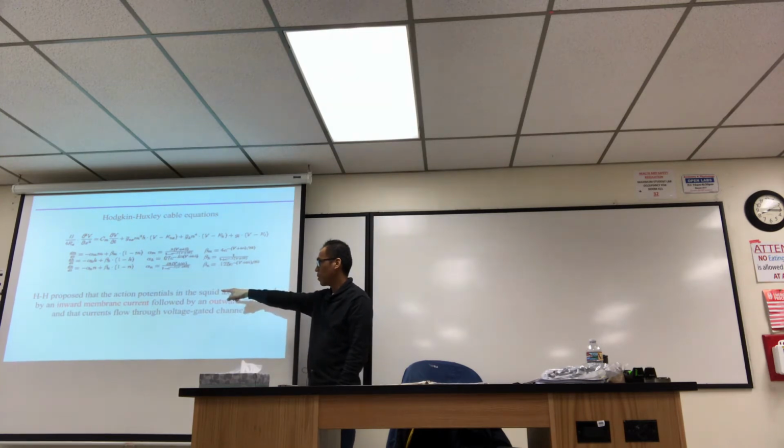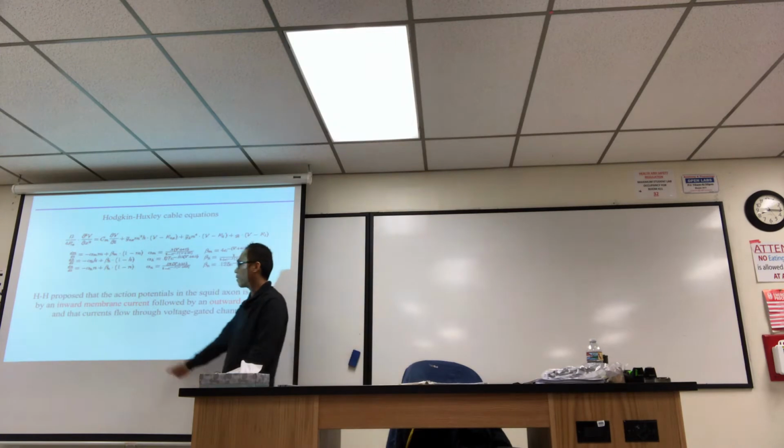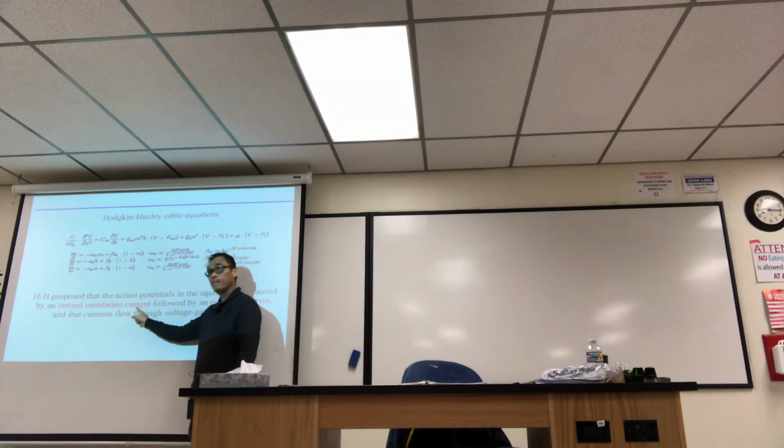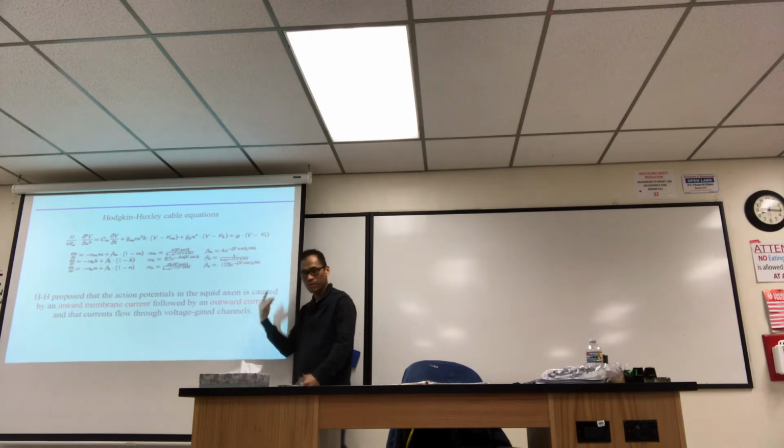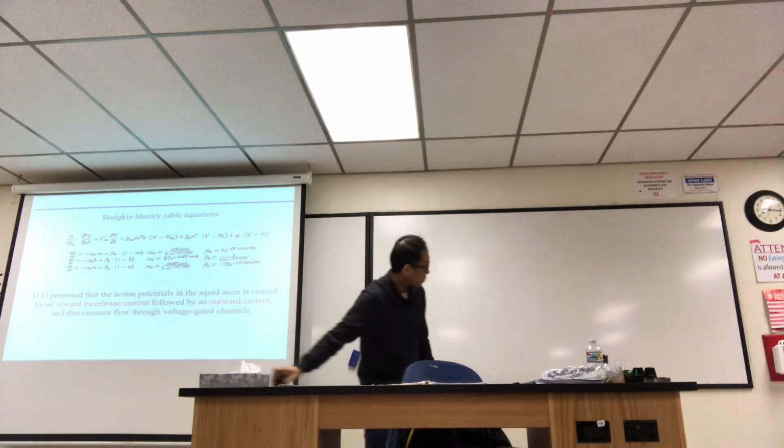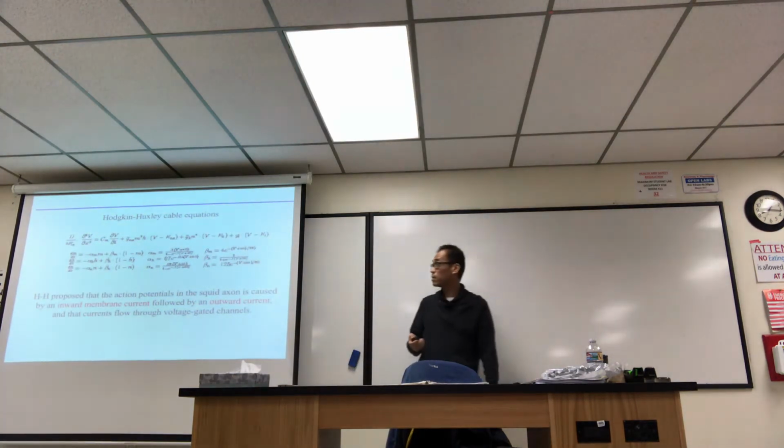HH proposed that action potentials in the squid axon are caused by an inward membrane current followed by an outward current, and that currents flow through voltage-gated channels. So you can understand that. What carries the inward membrane current? What ion? Sodium. Carries this one. Potassium. In case you already know that. Good, cool.